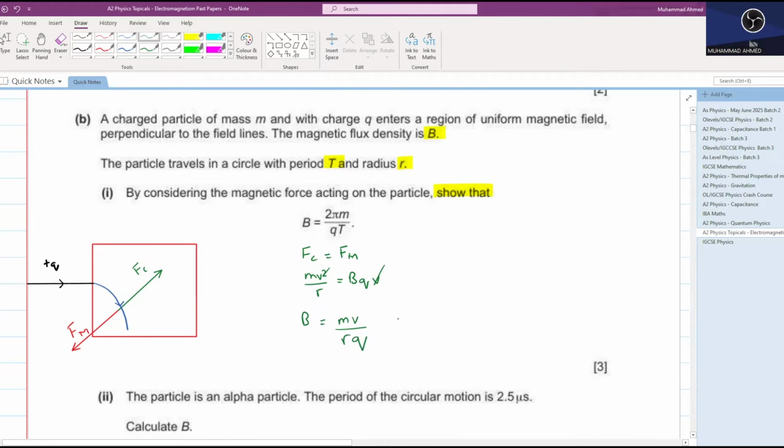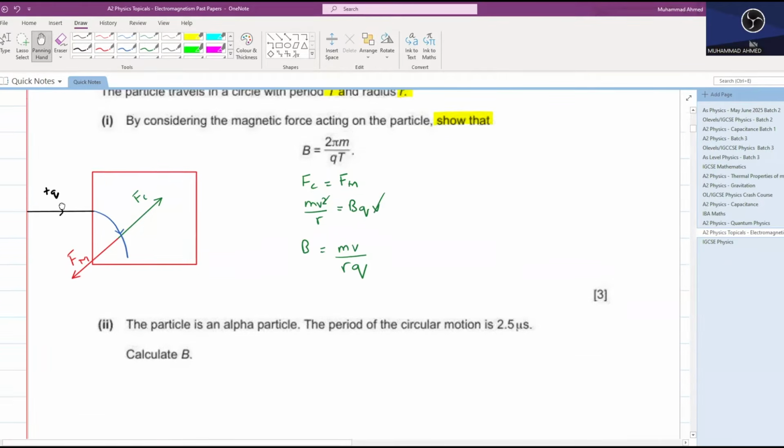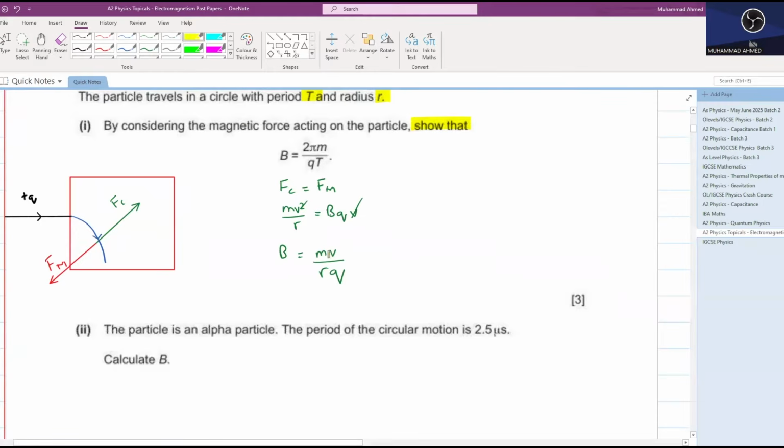Still, if I see the question, I am not getting the exact same form. What will I do? I will try to substitute out this value, because velocity is not seen in the entire equation. So I remember that velocity is equal to rw, and w is equal to 2 pi over T. Velocity will be equal to 2 pi r over T. Let's substitute it here.